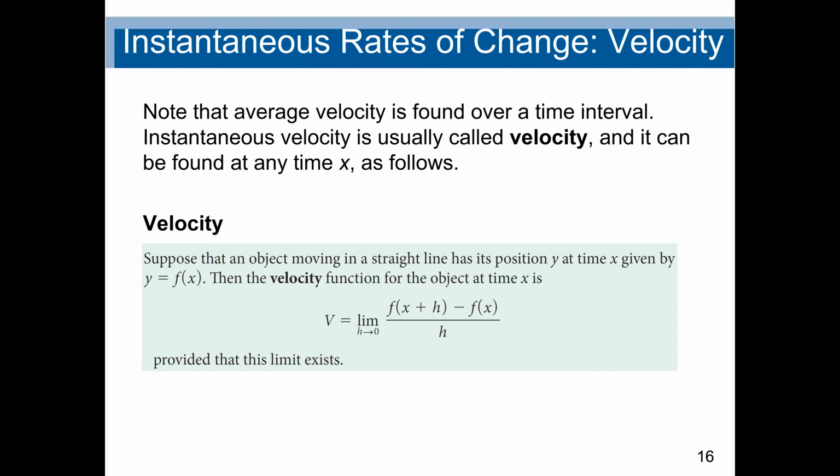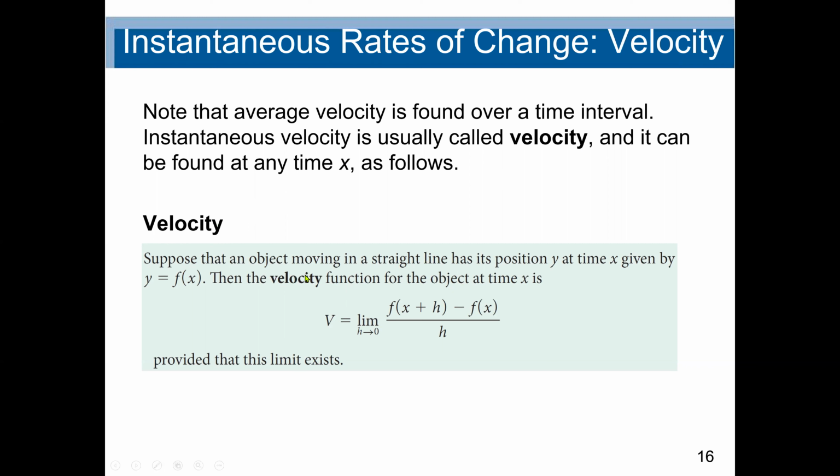The first question, average velocity, we find it between 1 and 1 plus h, a time interval. But instantaneous velocity is simply called the velocity. It can be found at a particular time x. And this is the formula from which we are going to derive all our limits.